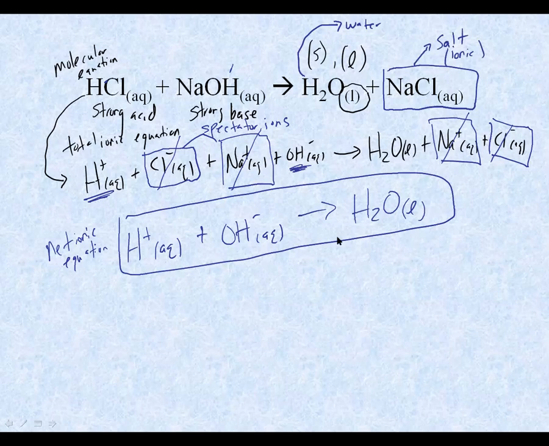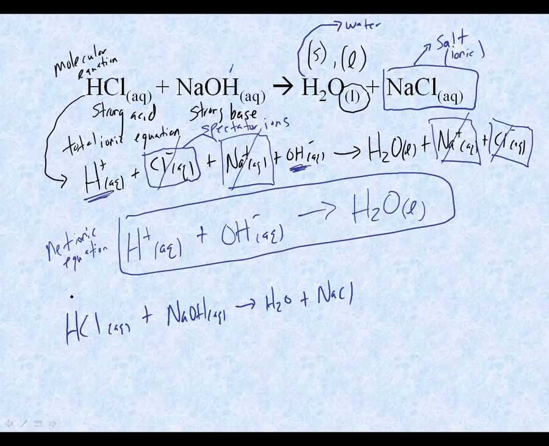In addition, if we truly look at this reaction, like I mentioned before, if we take the original things that we started with, essentially what we have here is a double displacement reaction.